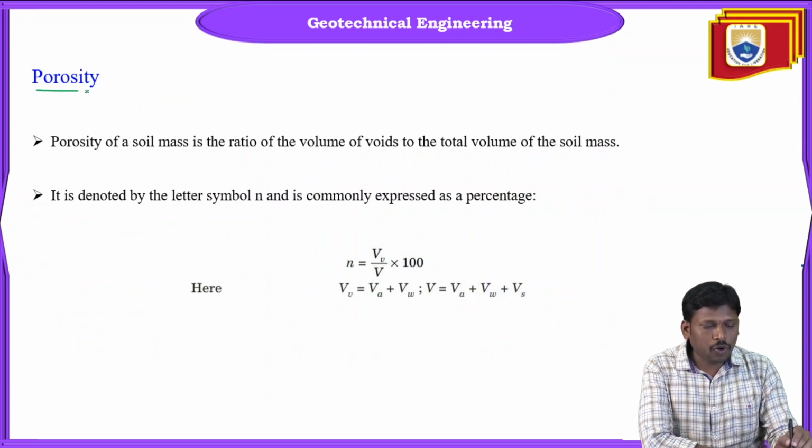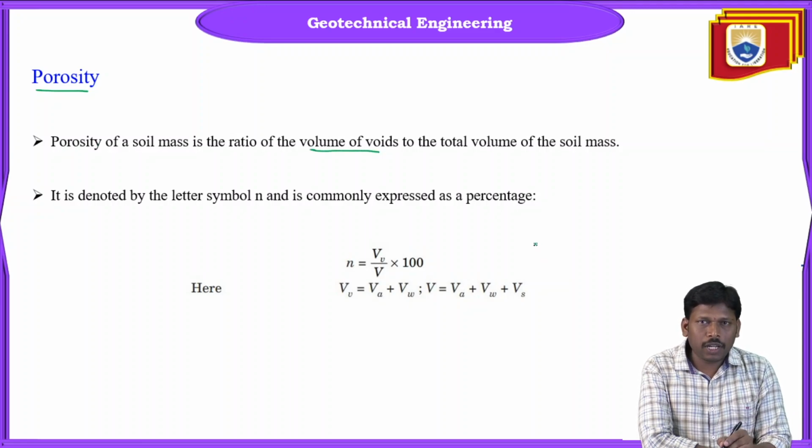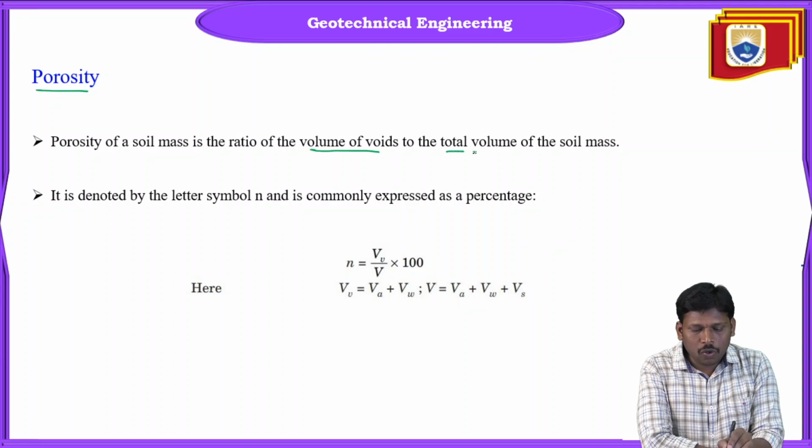And the other one is porosity. Porosity is defined as the ratio of volume of voids to the total volume of the soil mass. Previously it was the volume of solids.